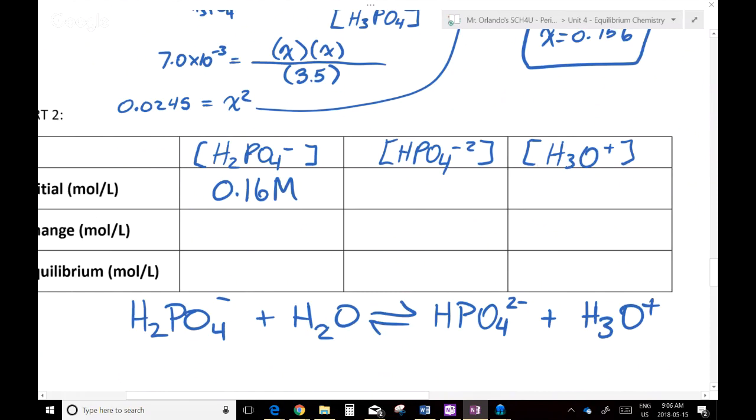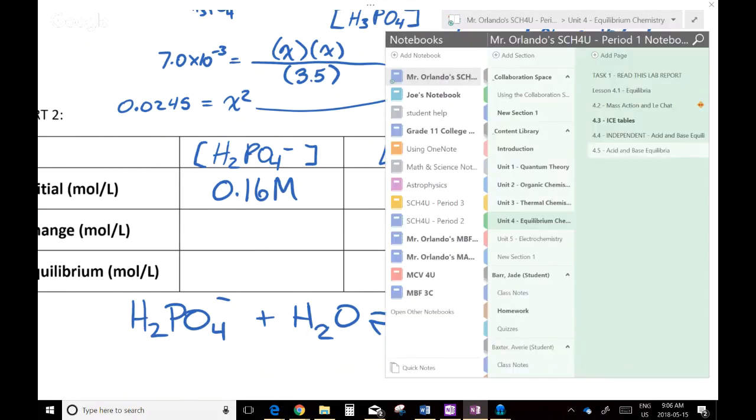How much H3O plus are we starting with? What do you think? Is this just starting off in plain old water? No, we said this equilibrium happens. It picks up where the other one left off.